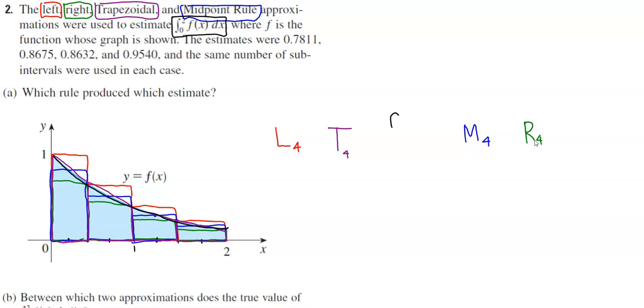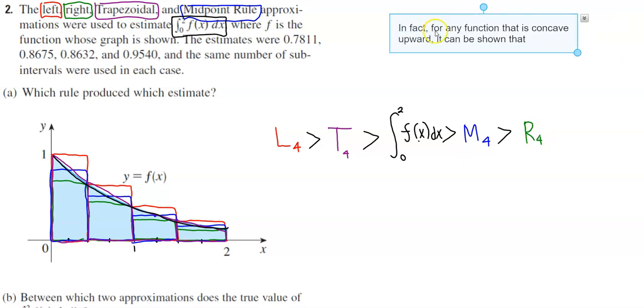So that means that here is going to lie where the function is. And so now we can compare. We know that the left approximation is going to be the greatest, and then the trapezoid is going to be greater than the function. We know that the function itself is going to be greater than the midpoint, and that the midpoint is going to be greater than the right approximation.